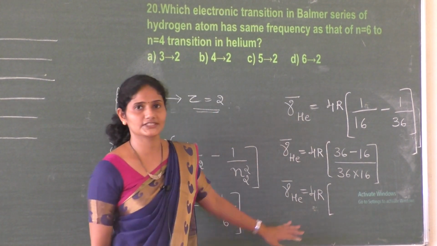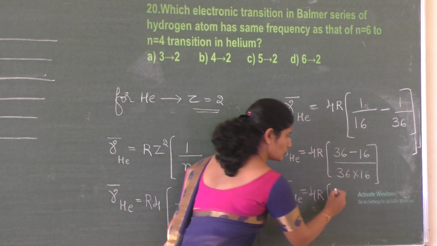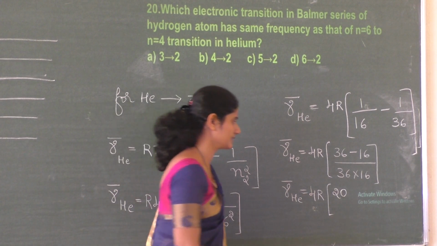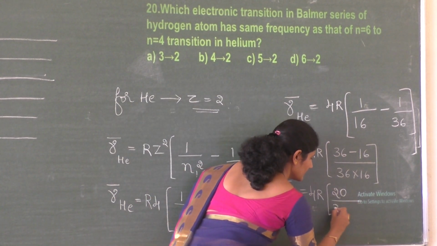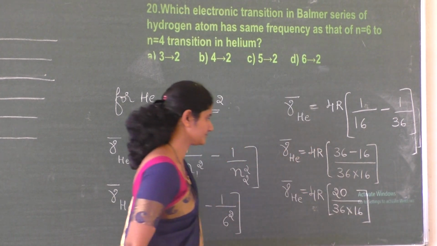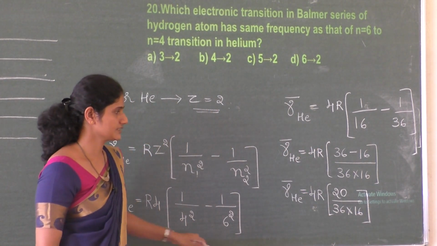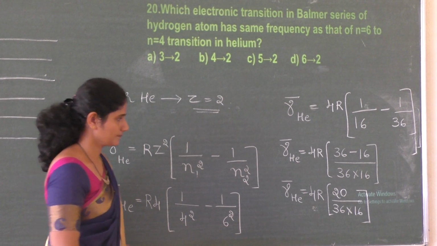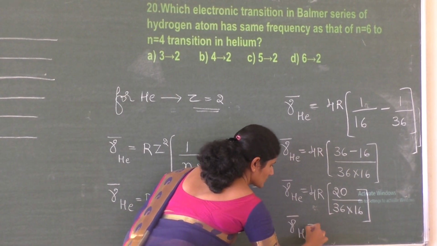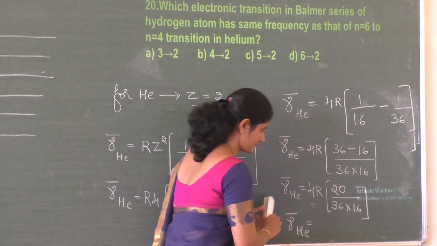What is the value of 36 minus 16? It is 20. 36 minus 16 is 20 divided by 36 into 16. So 4R.